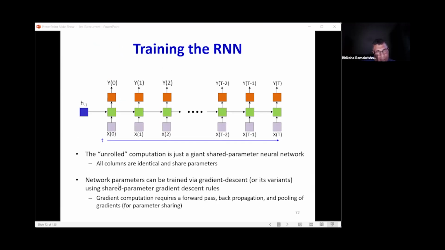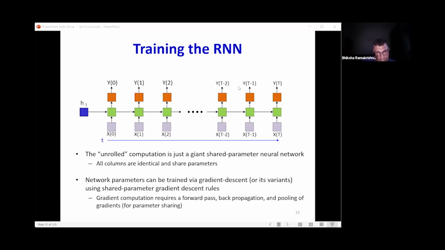So, once we realize that, we also see that this unrolled computation over here is just a giant shared parameter neural network, because all columns are identical and share parameters. This arrow and this arrow are the same parameter. This arrow and this arrow are the same parameter. This and this would have the same parameters.